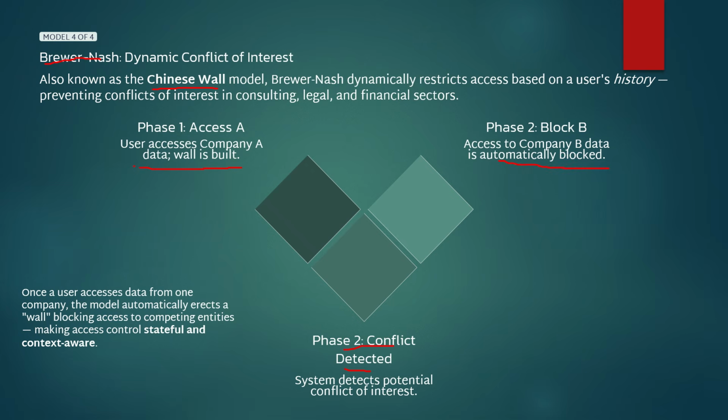So if the user accesses company A's data, the access for that user to company B will get automatically blocked to avoid conflict of interest. So that is called the Brewer-Nash model or Chinese wall model. Some people call it the Chinese wall, some people call it the Brewer-Nash model.